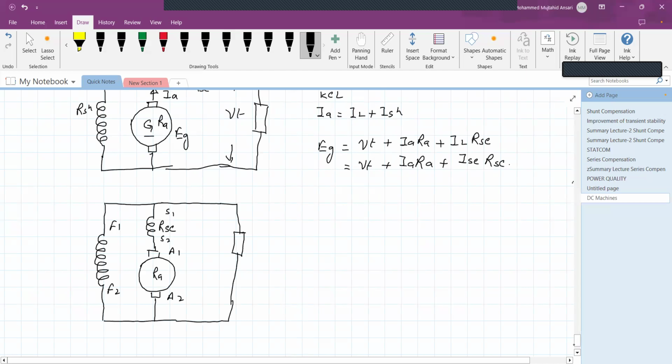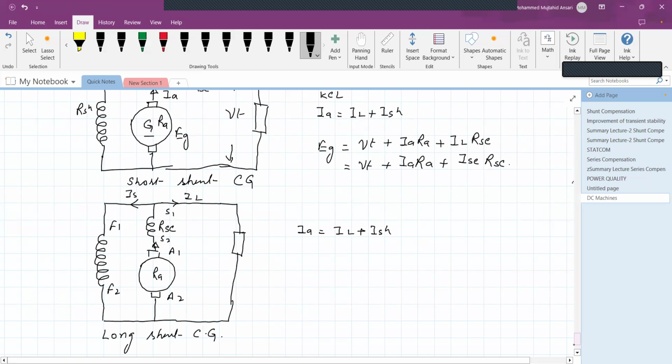It is called a short shunt compound generator, whereas this is a long shunt compound generator, isn't it? For the rest, if you write the equation, this is the armature current, this is the load current IL, this is ISH. So you can write the equation IA is equal to IL plus ISH, very simple.